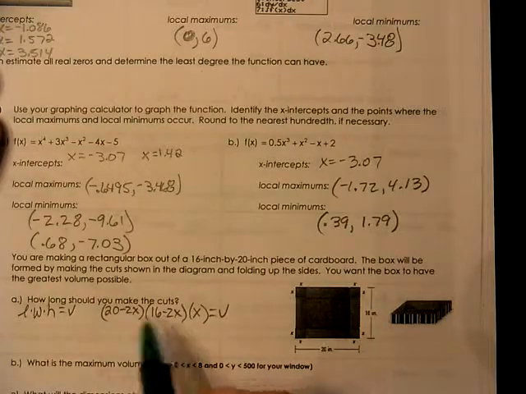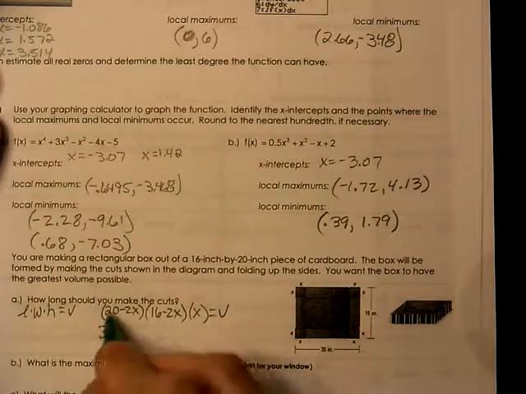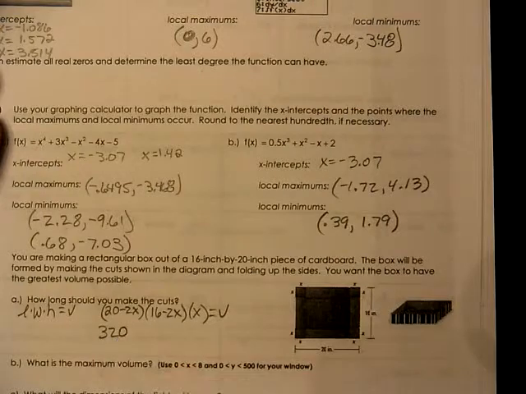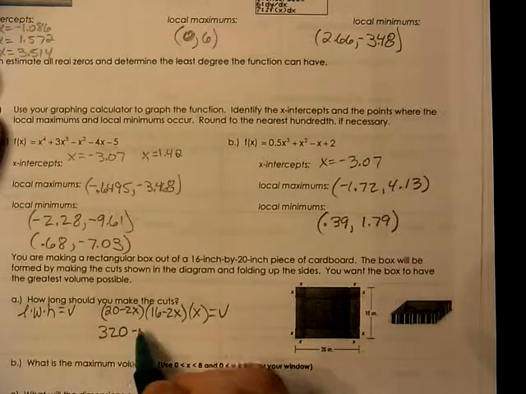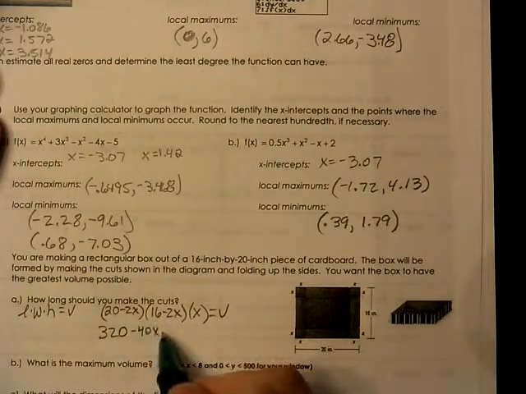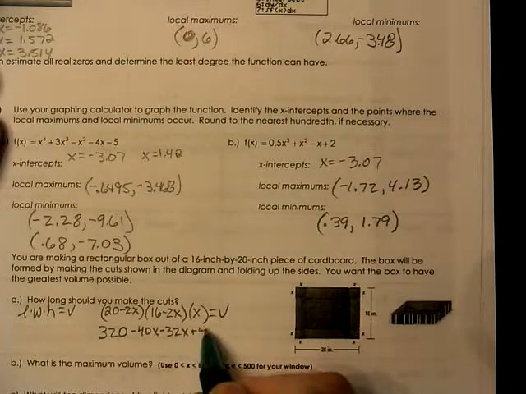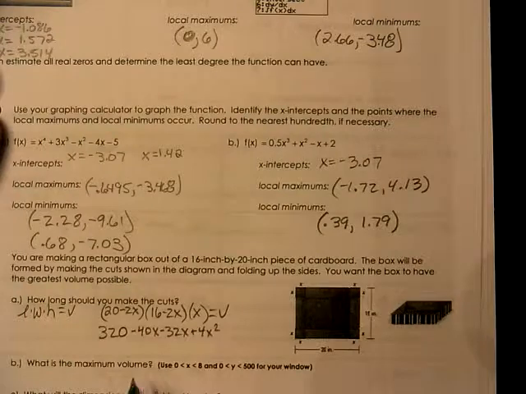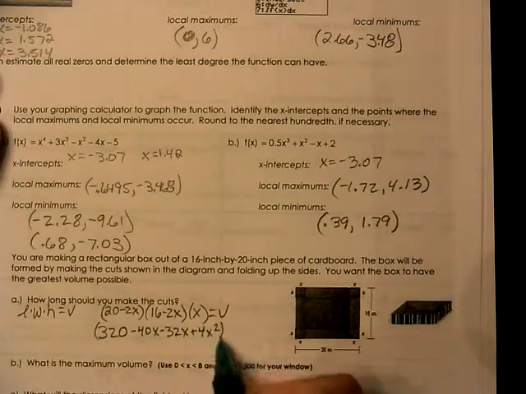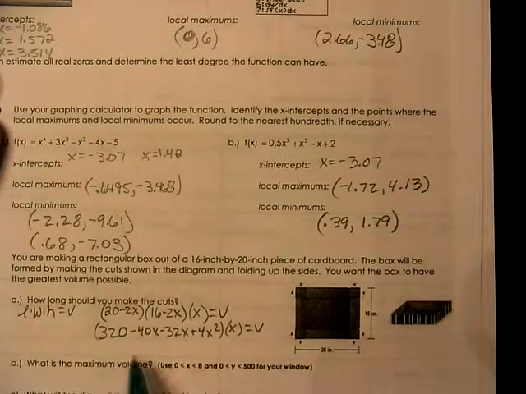We've got 2 times 16 is 32, so 20 times that is 320. Negative 40x, negative 32x, positive 4x squared, with our x still on the outside.